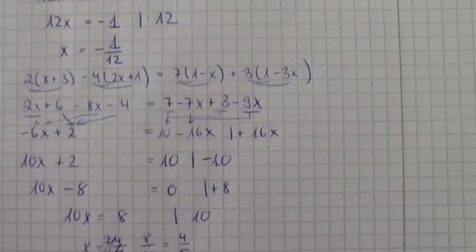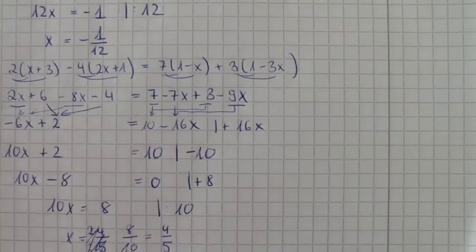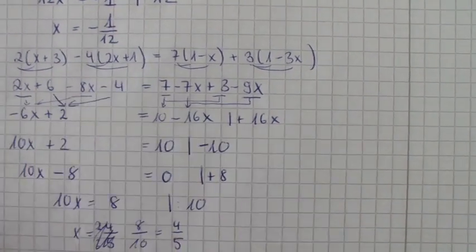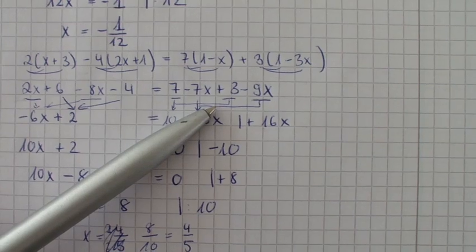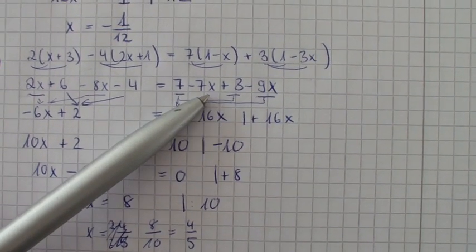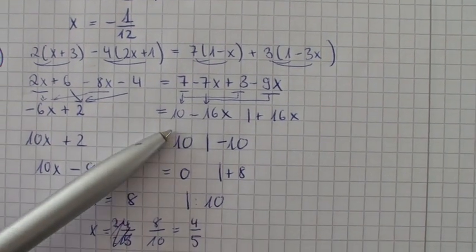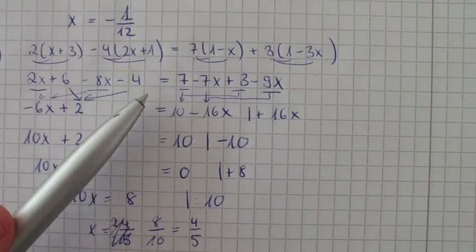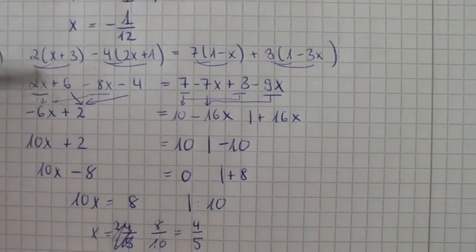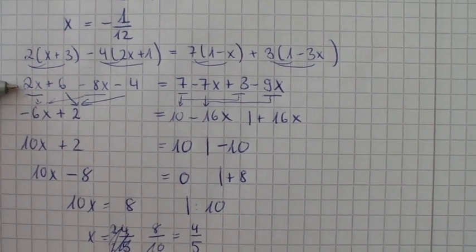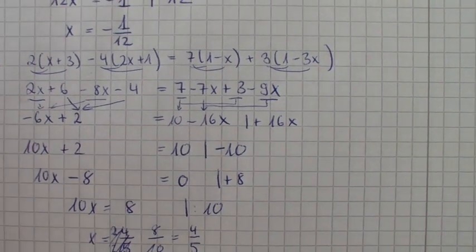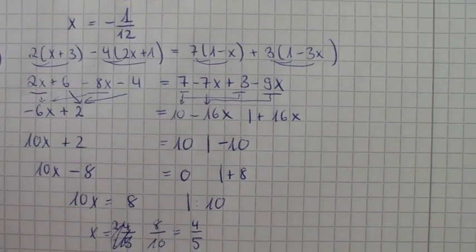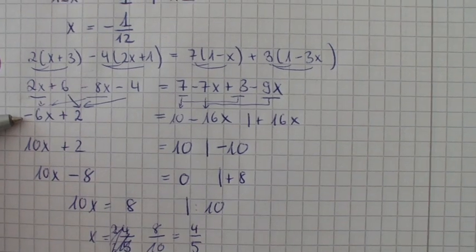Now we have everything written down as a sum on the left and the right-hand side. Now what we do is we sort things together. I forgot, what we have to do first is we have to add them together. So both steps can be interchanged, but let's do this step first.